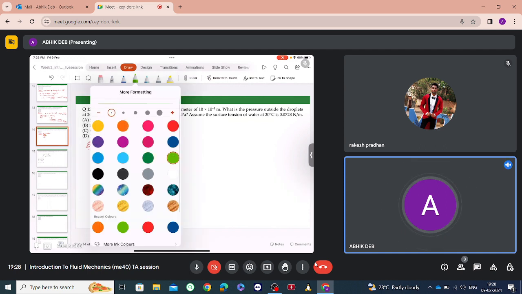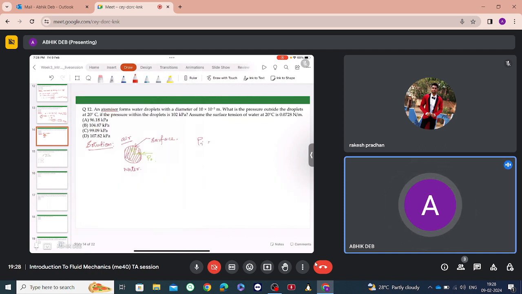The pressure Pi has been given as 102 kPa. Po we have to determine. The diameter of the water droplet is 10 into 10 to the power minus 5 meters, so the radius, which is R1 and R2, is 5 into 10 to the power minus 5 meters, and the surface tension has been given as 0.0728 newtons per meter.